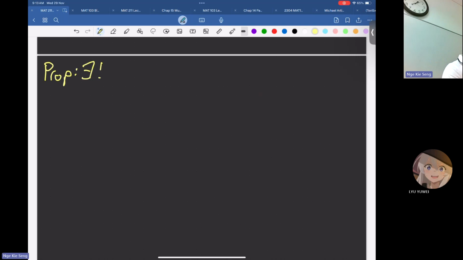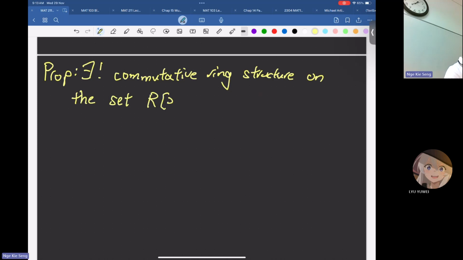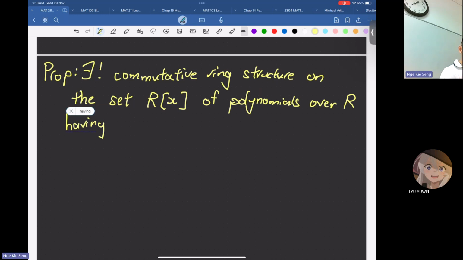There exists a unique commutative ring structure on the set of polynomials R[x], which we call the polynomial ring with coefficients in R, or say over R, having the following properties. I will tell you how we define addition and how we define multiplication.